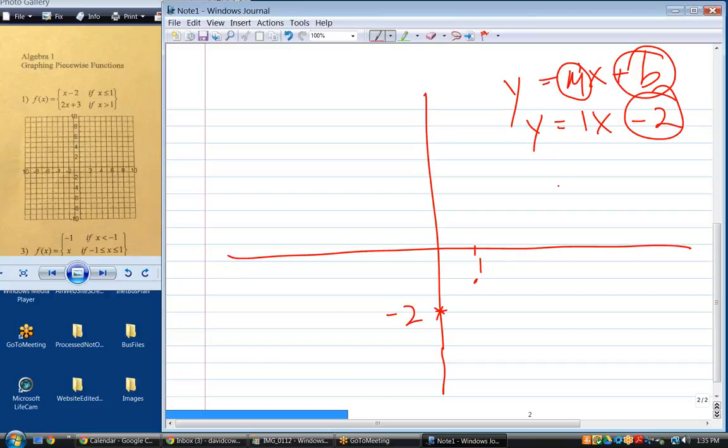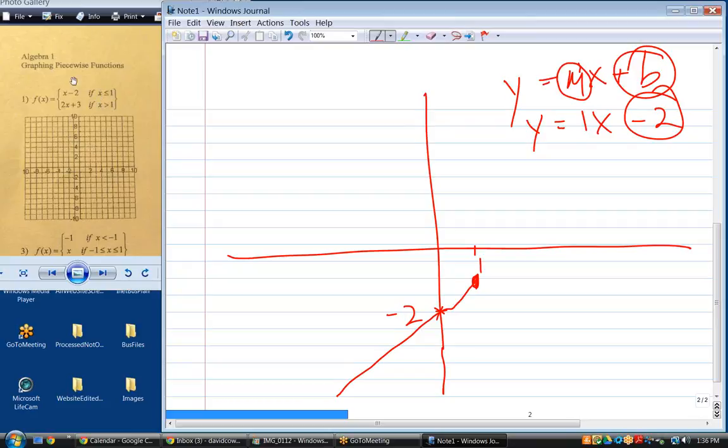Okay, now let's pretend we plot this entire line. Well, essentially what this is saying is that this line is only going to be that if I'm to the left of 1. So I can erase that part of it and plot just that with a solid dot because it says less than or equal to 1. So in other words, starting with this, we graph that line wherever that is true.